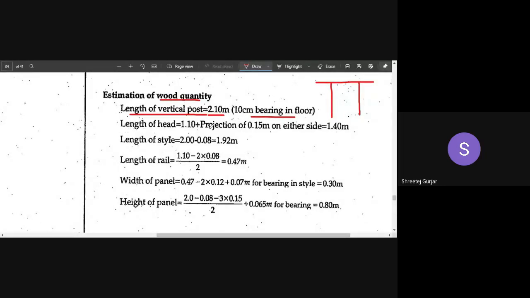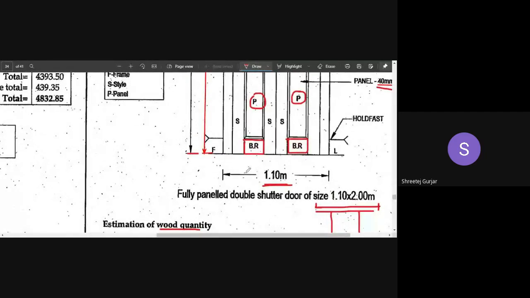You can calculate the total length of the head, at this particular head or horn, what we call. So here, considering some projections, right? 0.5 meters on either side. So the length of this particular part we have calculated, then the length of the rail. So 1.1 is this particular base length, right?